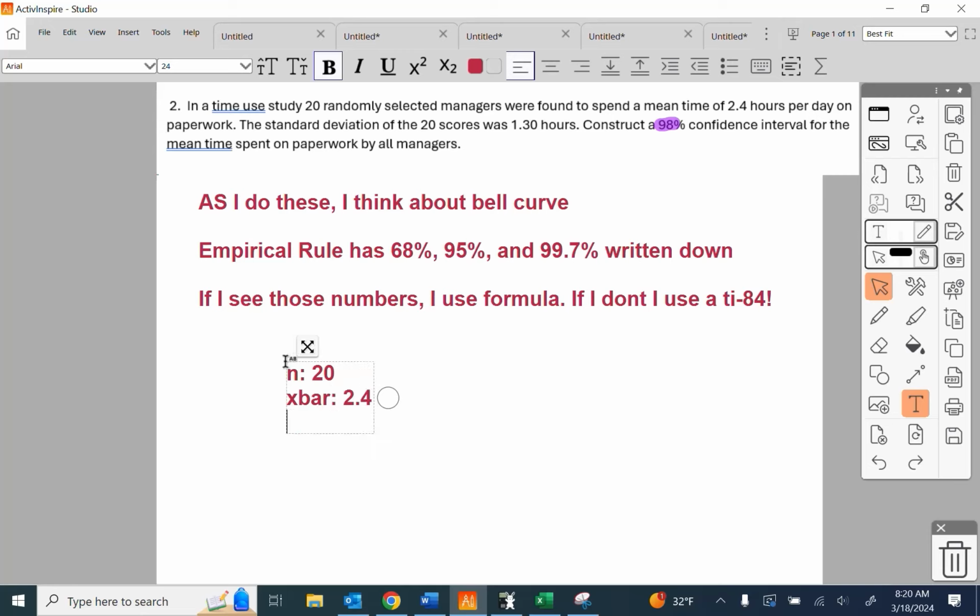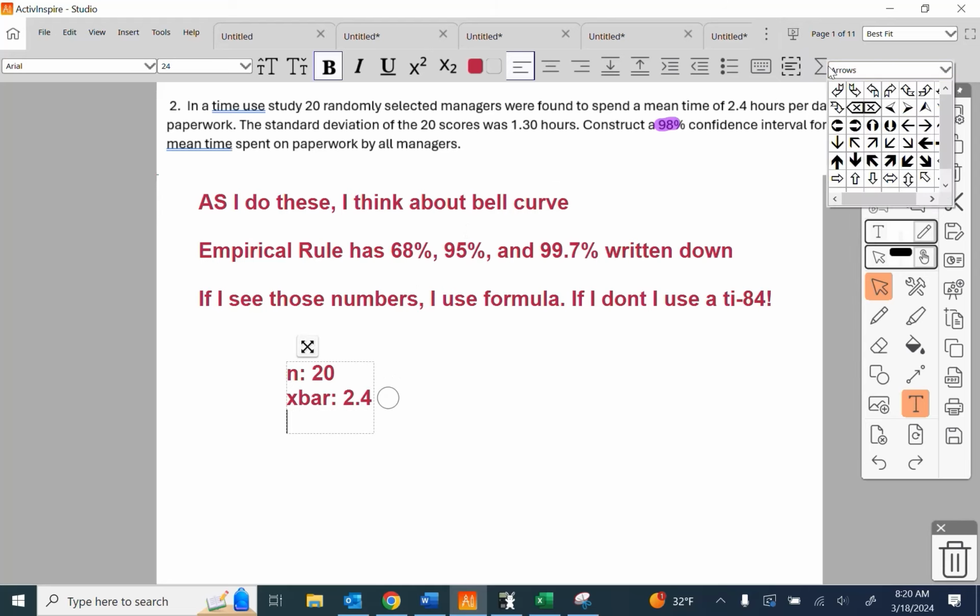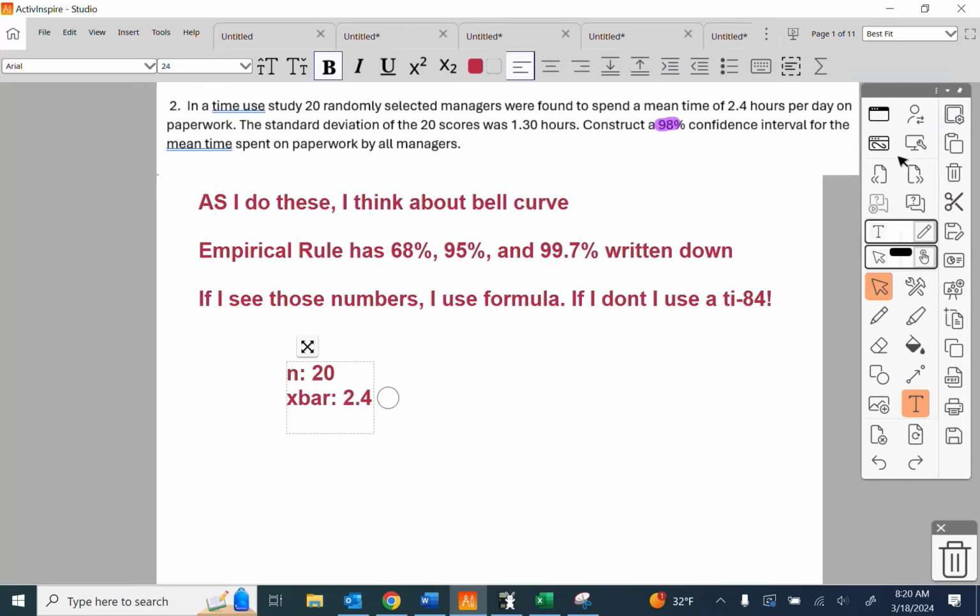Standard deviation sigma is 1.3. Now I'm supposed to construct a 98% confidence interval for the mean time spent on paperwork by all managers using the sample.